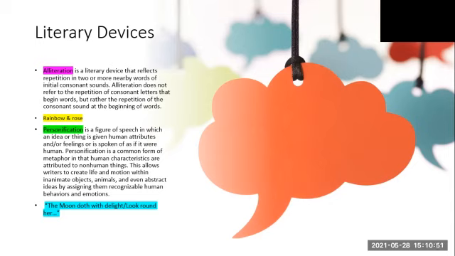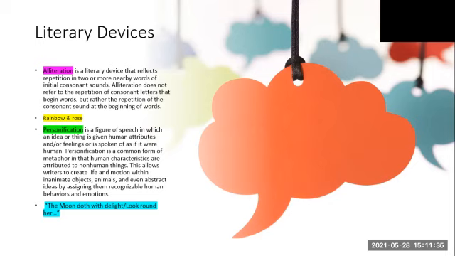We're not speaking here about letters, we're speaking about sounds. Alliteration does not refer to the repetition of consonant letters. Of course, consonant is the opposite of vowel. Alliteration is the repetition of the consonant sound at the beginning of words. The rainbow rose, the r sound. So not just any consonant letters, okay? The sound itself, how it sounds. So here we have the R sound.